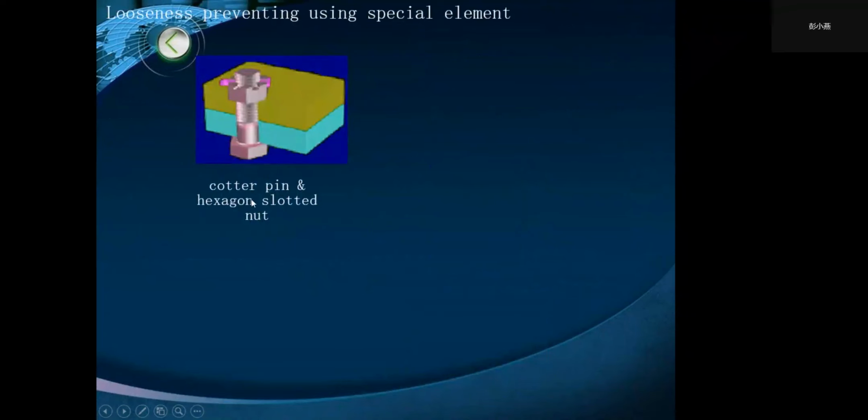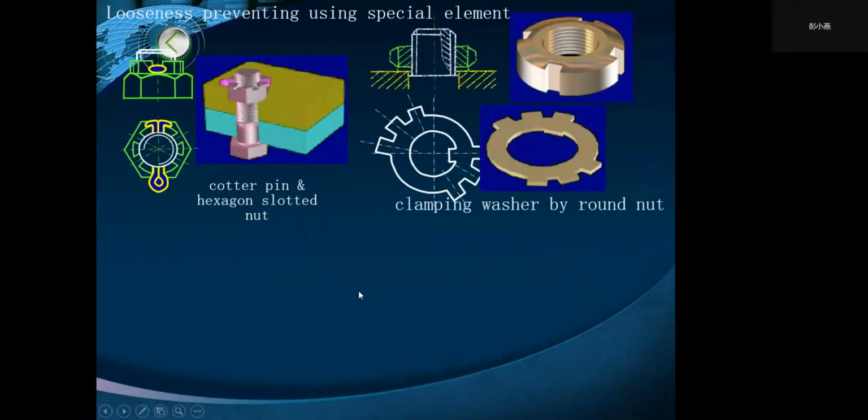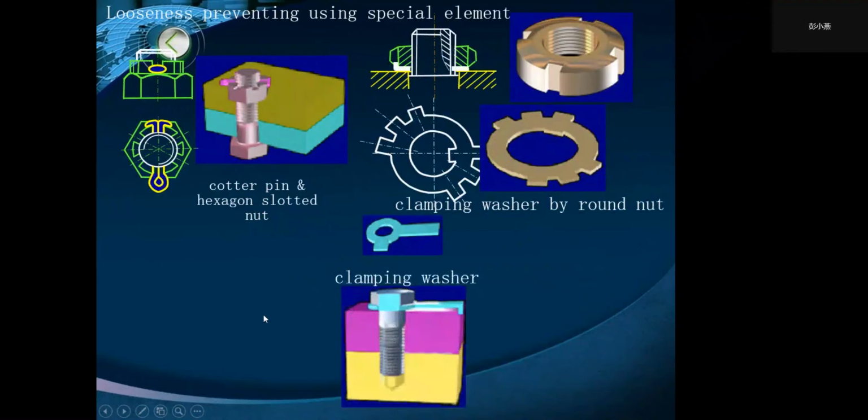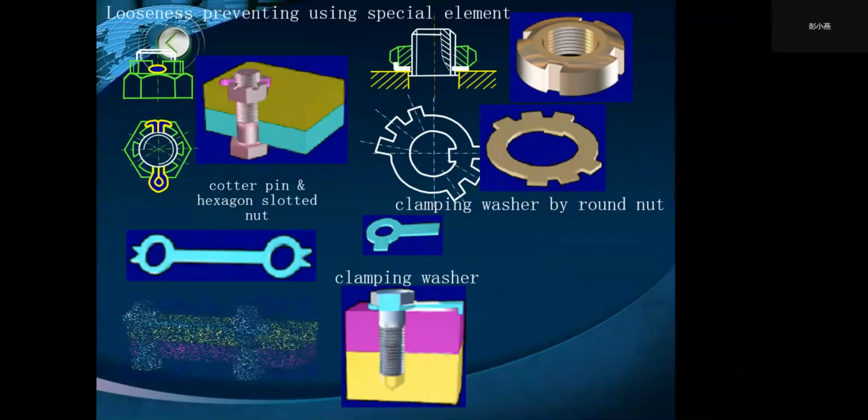We can also use special devices by inserting a split cotter pin through the cross hole drilled in the bolt, passing through the slotted nut, like this. We also have permanently damaging the screw thread by riveting and soldering.